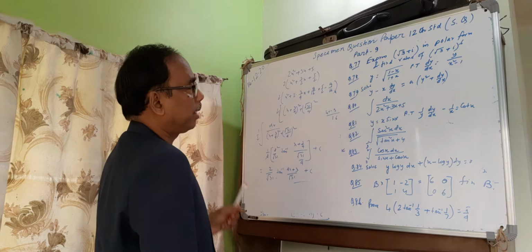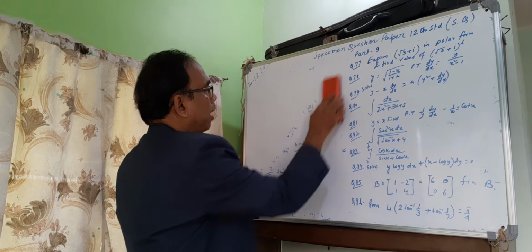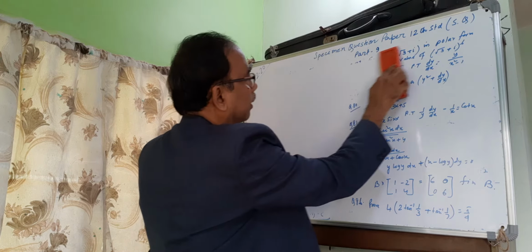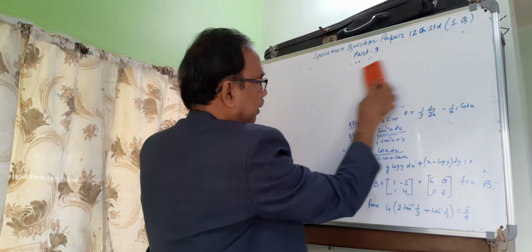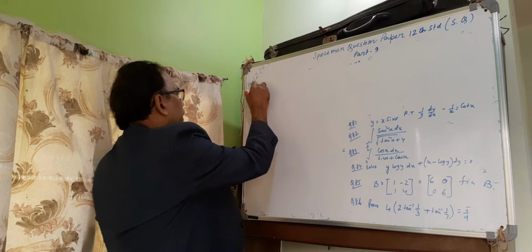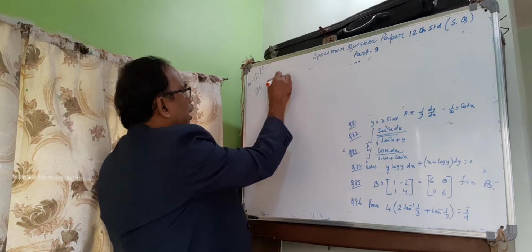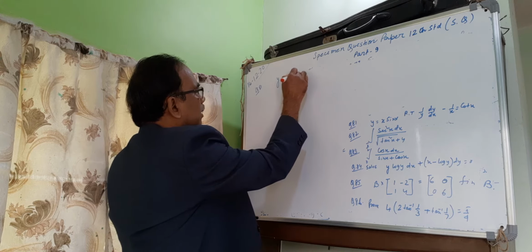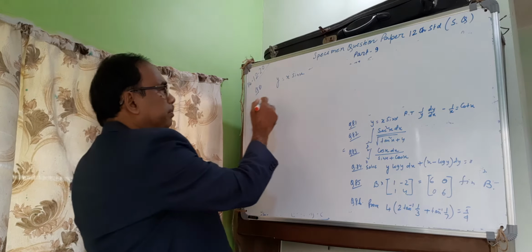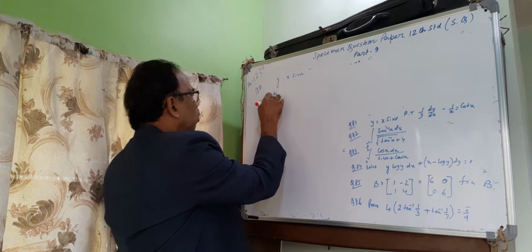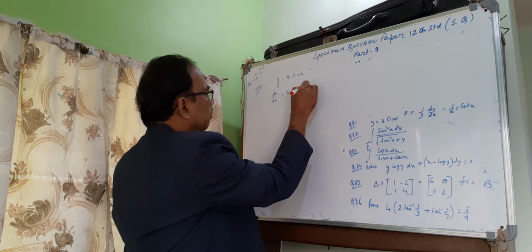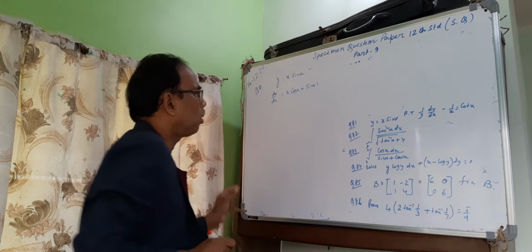Next, sum number 81. This is a differentiation sum. Y equals x^(sin x). You have to prove this. Differentiating both sides with respect to x: dy by dx equals x times the derivative of sin x, cos x, plus sin x times the derivative of x, 1.